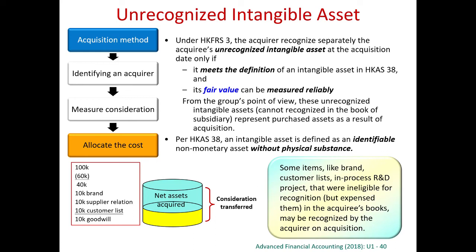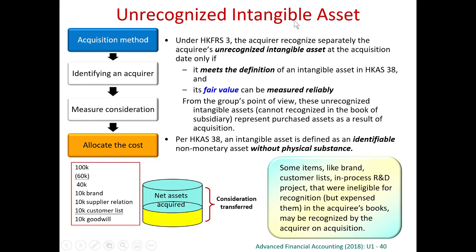Some items like the brand name, customer list, in-process research and development project, which were ineligible for recognition in the acquiree's own books, may be recognized on business combination. You may find it in the consolidated financial statements. Under Financial Reporting Standard number 3, once it meets the definition of an intangible asset, and once the fair value can be measured reliably, we will recognize it. We don't need it to be probable.